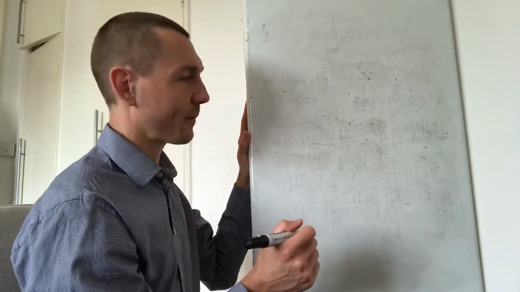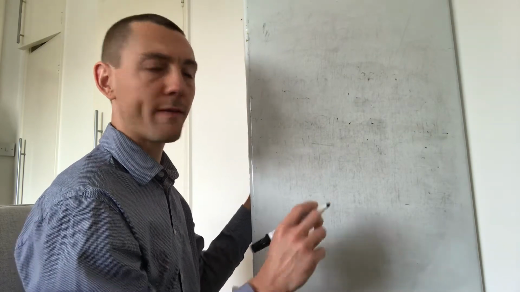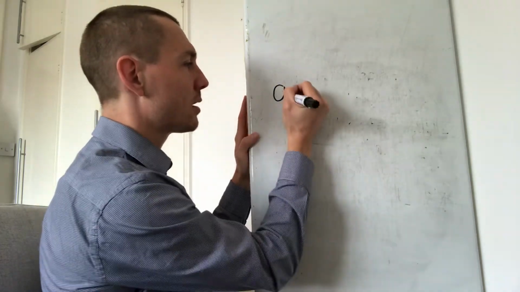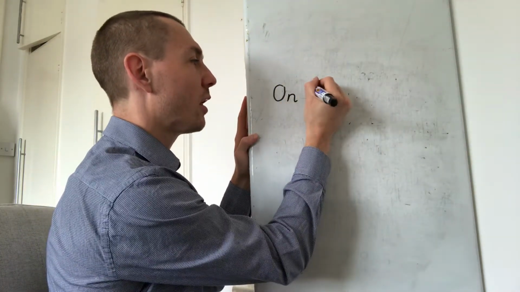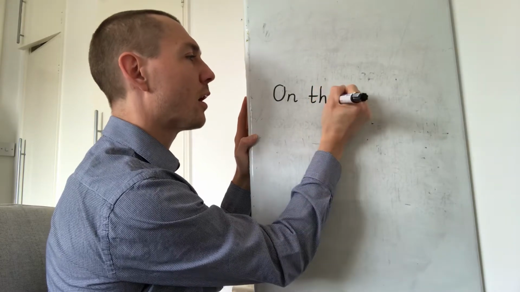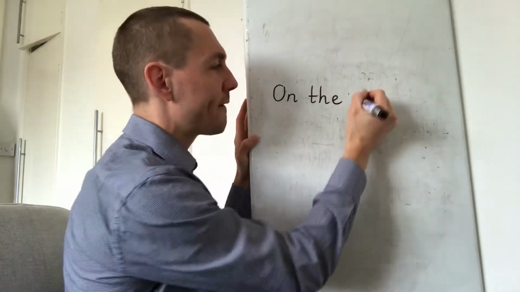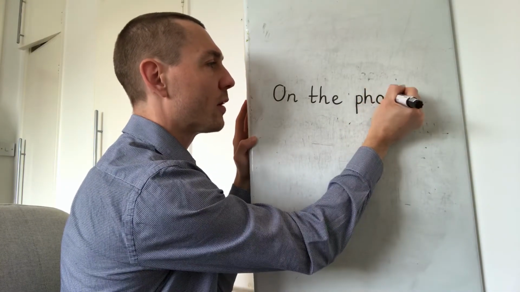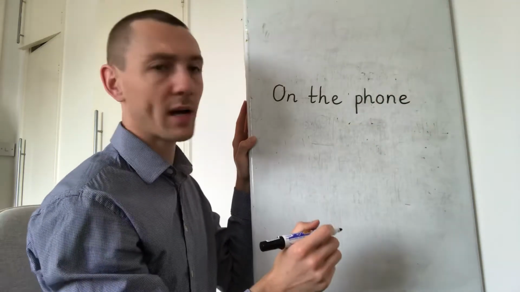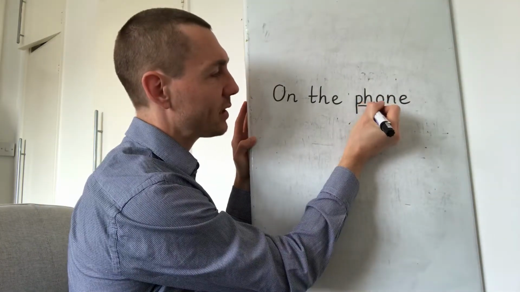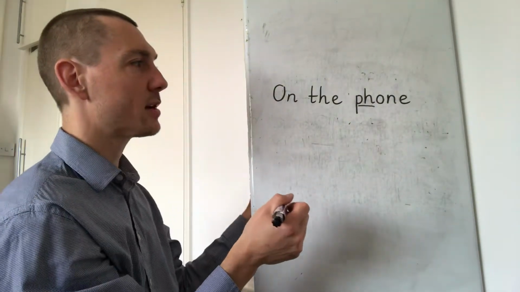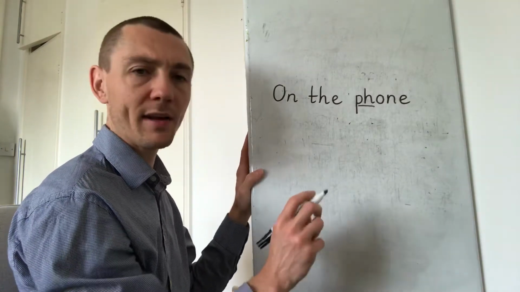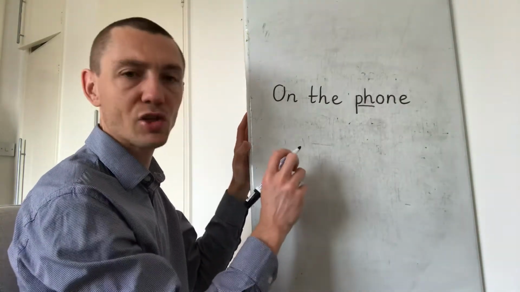Okay, coming back together, we've got on the phone. On, capital letter, n, on. On the phone. Phone. And you should have that PH spelling in phone. Well done if you've remembered that. On the phone. Fred found out that Cliff wanted codfish with his chips.